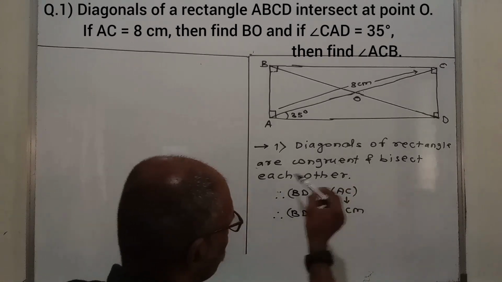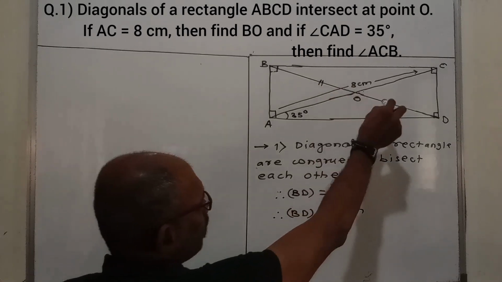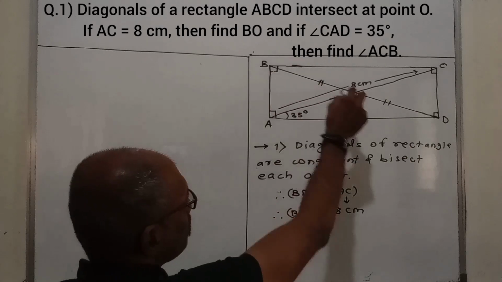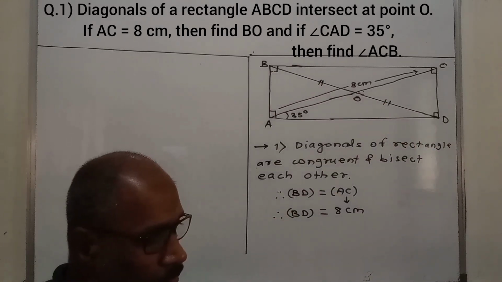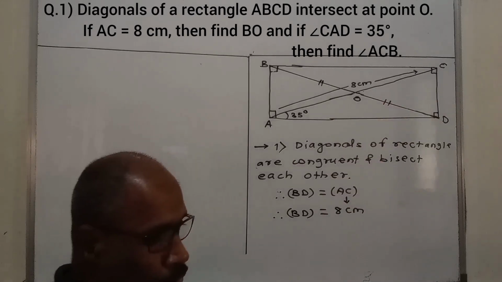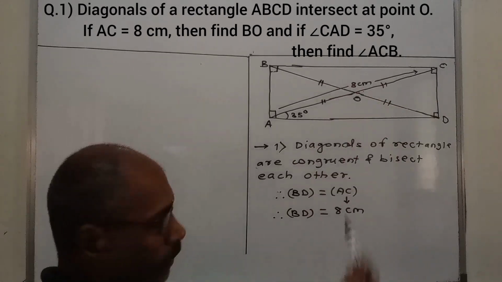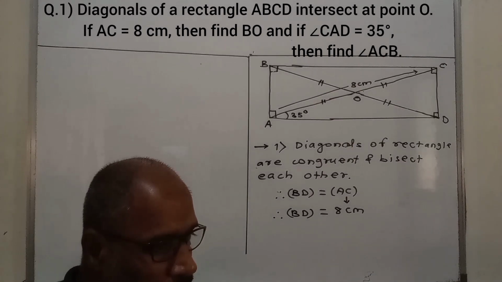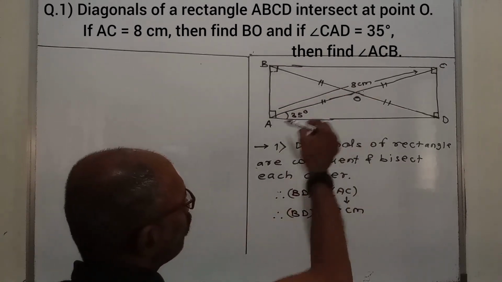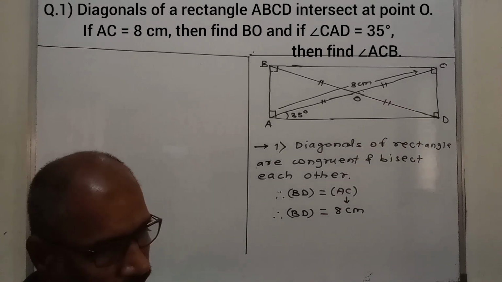Now bisect each other means BO is equal to DO and AO is equal to CO. Now see this, diagonals are congruent. So BO, AO, DO, CO all are congruent.